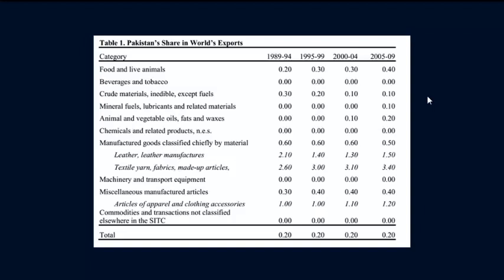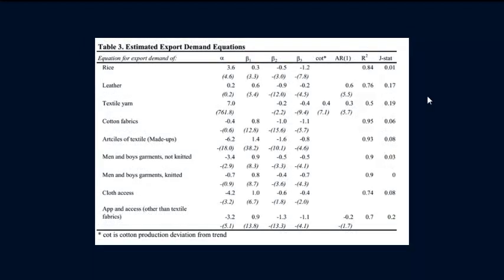Leather, textile, and articles of apparel and clothing. So basically we only export textiles and nothing else, when you look at the global share, that is. Now these are the export demand equations which we've already discussed.